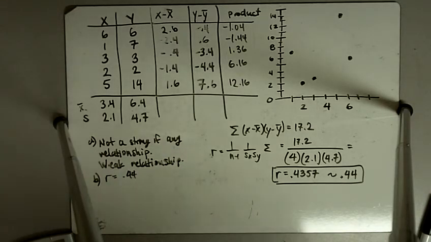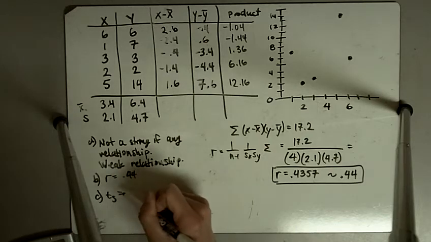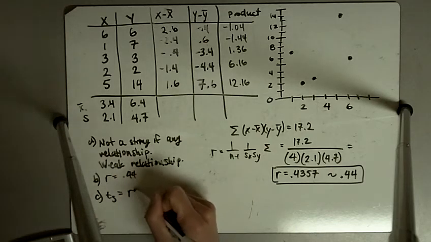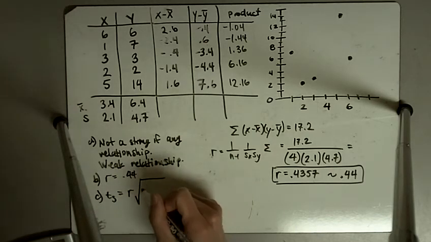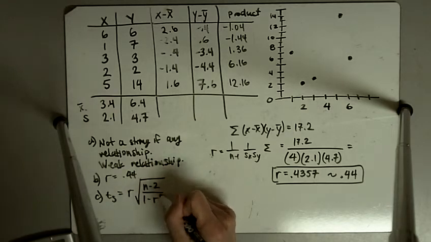Okay, and so now I want to ask, is this correlation significant? Yes or no? So this is going to give me a t-statistic, and my t-statistic is r times the square root of n minus 2 over 1 minus r squared.